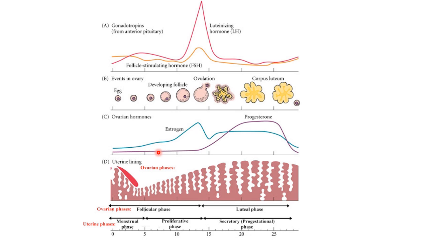The corpus luteum will then start secreting progesterone and estrogen, and we see now progesterone levels are elevated here. And remember that progesterone now is important in rebuilding the secretory glands of the endometrial wall. So this is the secretory phase of the menstrual cycle.